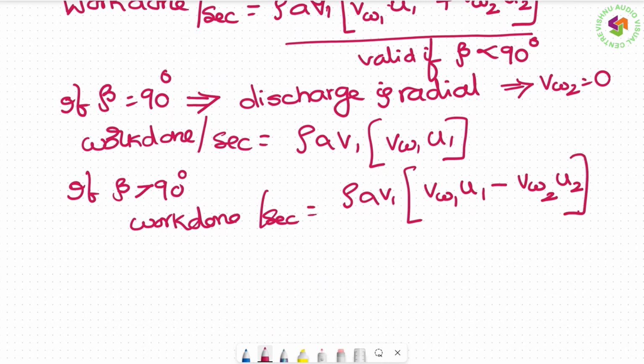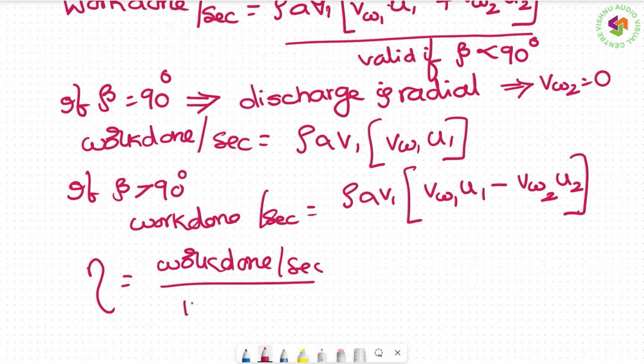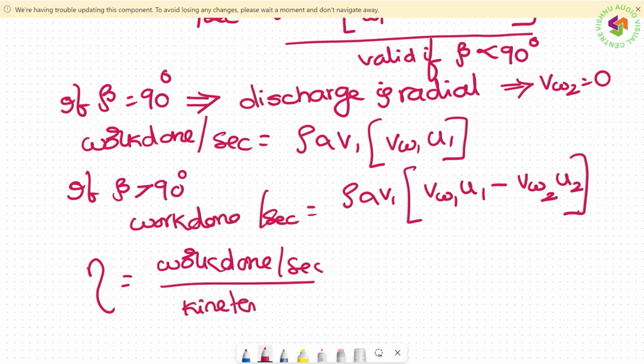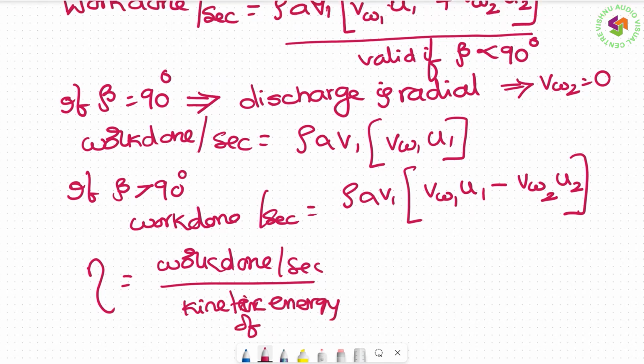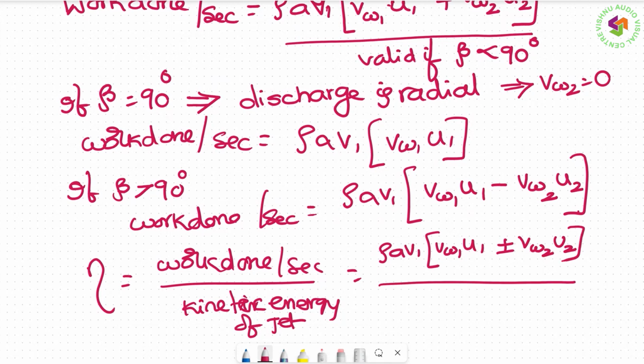Then from the work done, if you want efficiency, it is equal to work done per second by kinetic energy of jet. Which is nothing but rho A V1 into (VW1 U1 plus or minus VW2 U2) divided by half into rho A V1 into V1 square.